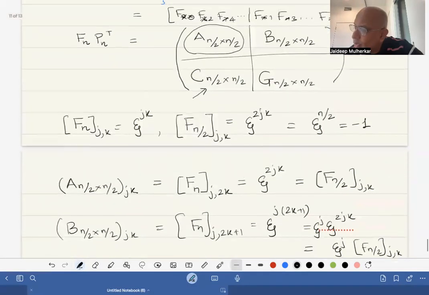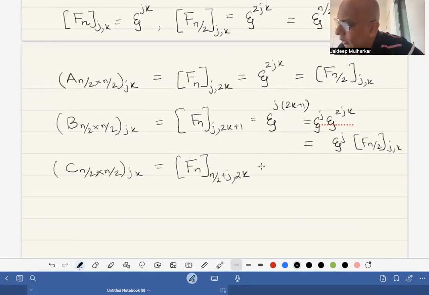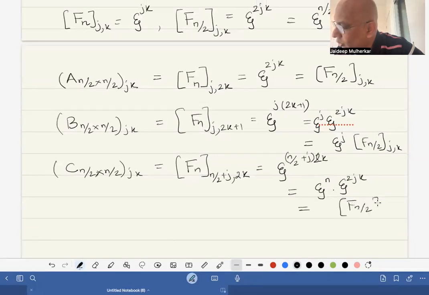Remember that I'm numbering the columns from 0 to n minus 1, right? So this will be eta to the n over 2 plus j into 2k, which will be equal to eta to the n into eta to the 2jk, but eta to the n is 1, right? Because it's the nth root of unity, and this is just Fn over 2 jk. Okay, so we have shown that also.